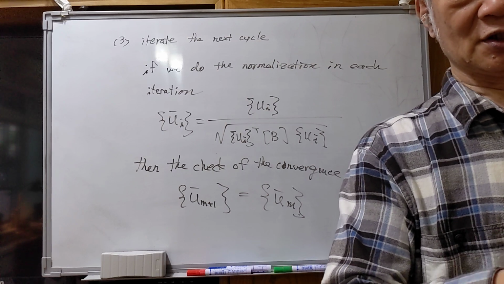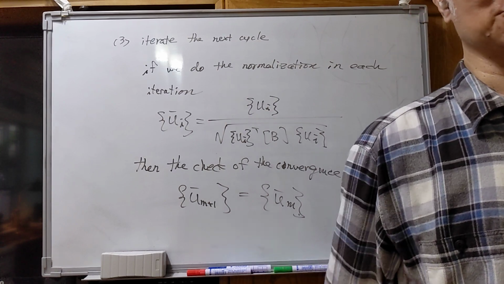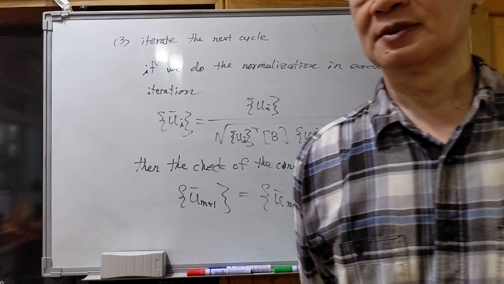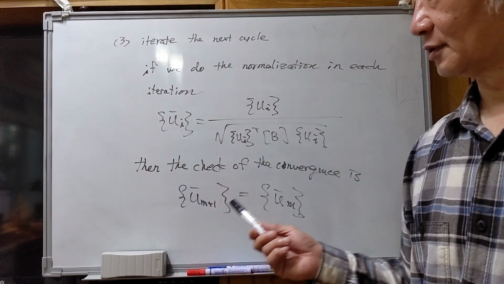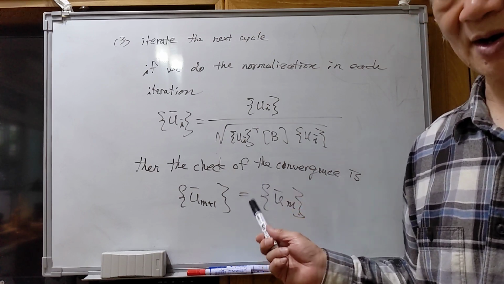If we finish the normalization in each iteration, then you can check whether the U bar n plus 1 is almost the same as the U bar n.